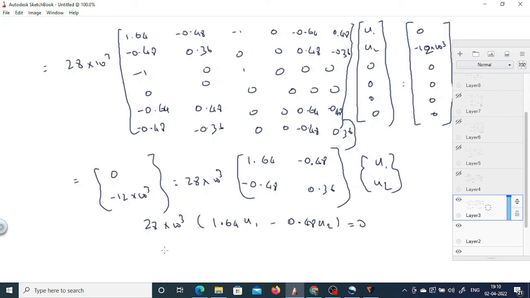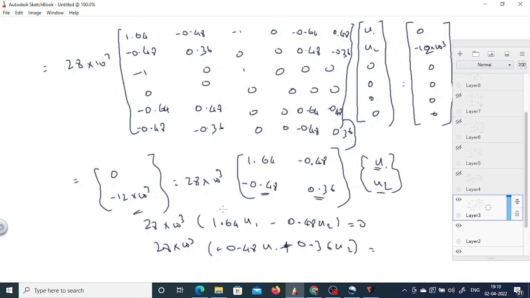After that again 28 into 10 cube. Then here you see minus 0.48 u1 available. First I multiply the things. So minus 0.48 u1 plus, here no negative symbol available, so you can easily write the plus symbol. Here 0.36, here u2 available, so plus 0.36 u2, which is equal to what is the force?